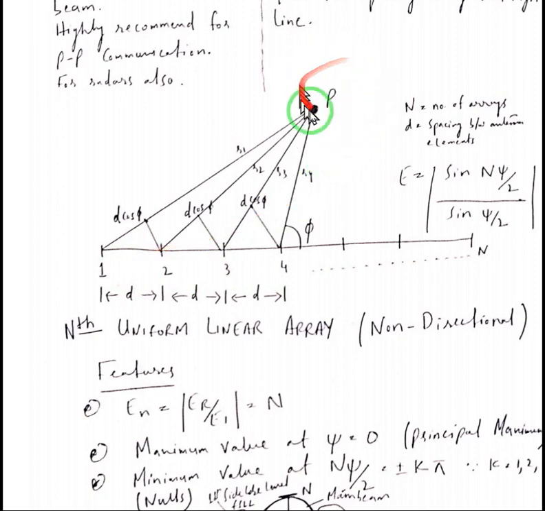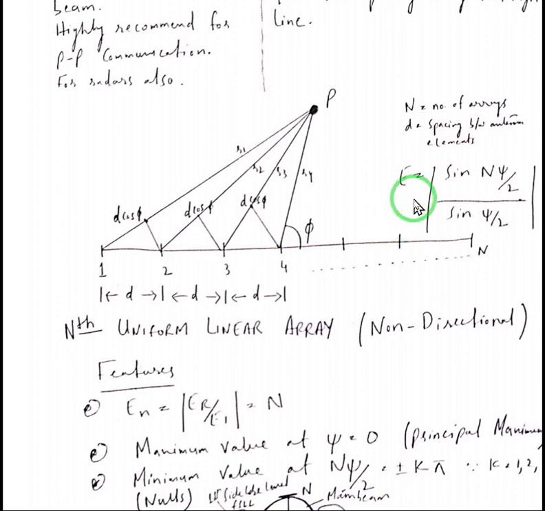Again, here is the observer, that is P, and 1, 2, 3, 4 define the four elements going up to the nth element. The spacing is the same. The angle made with the observer is the same, that is d cos phi, and phi is the angle from the horizontal to the observer ray to the element.